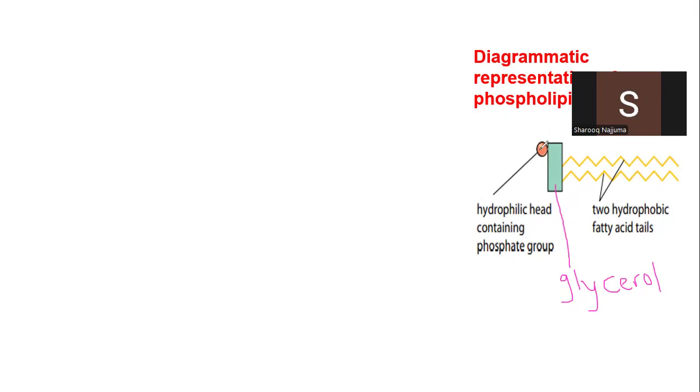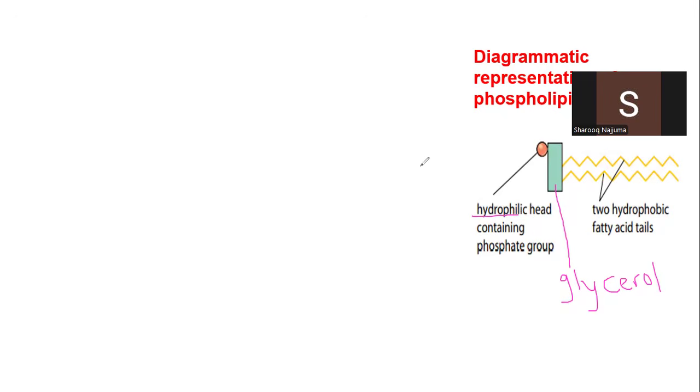The phosphate is water loving. The phosphate is polar and hydrophilic, so it is able to interact with water. As a result, the phospholipid has two characteristics: a region that is hydrophilic, water loving, and at the same time a region that is hydrophobic.